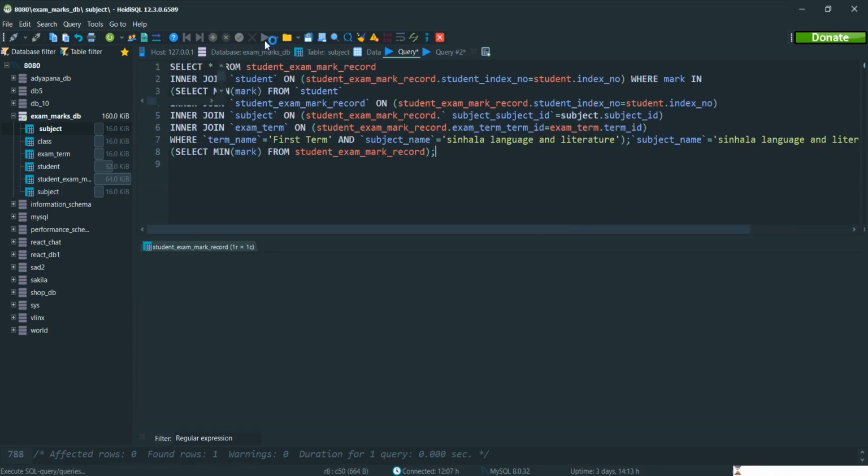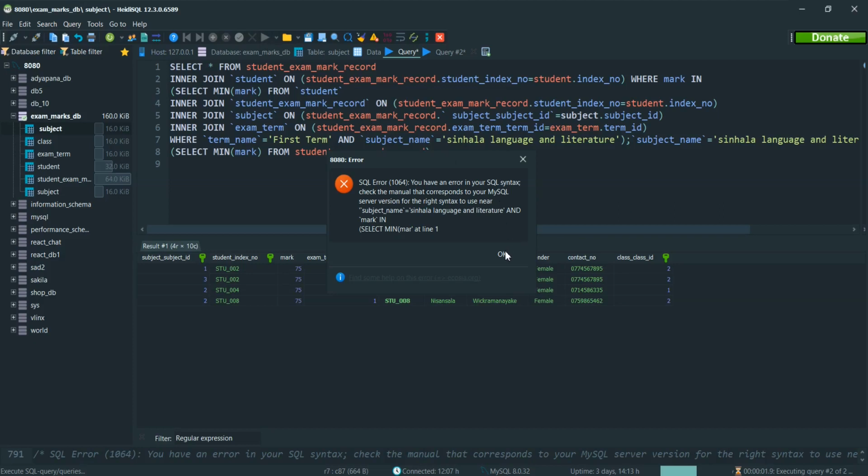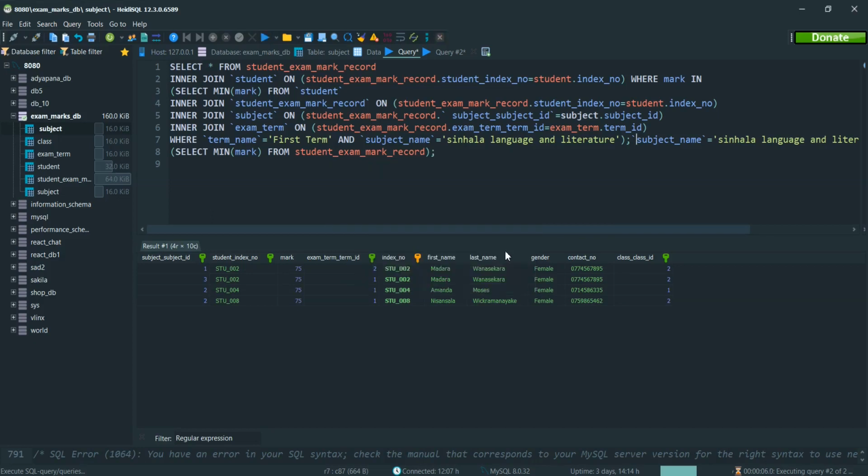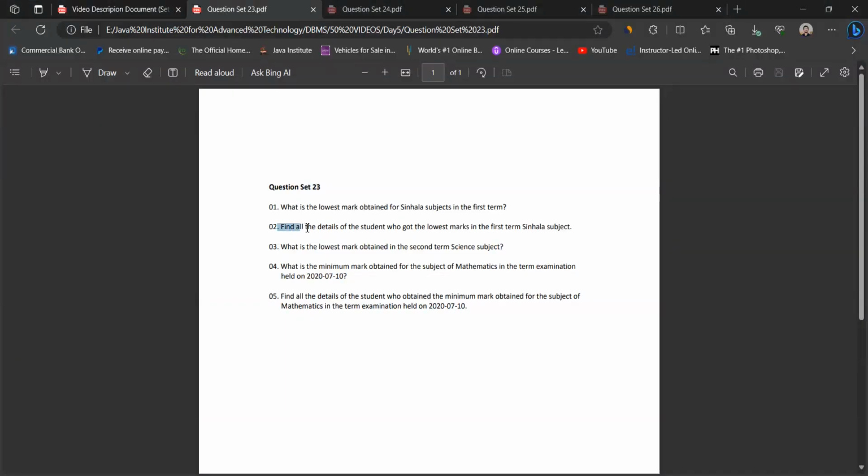So now let's execute and see. So these are the lowest marks. Find all the details of the students who got the lowest marks in the first term test.